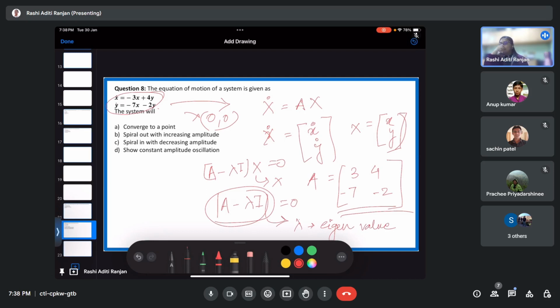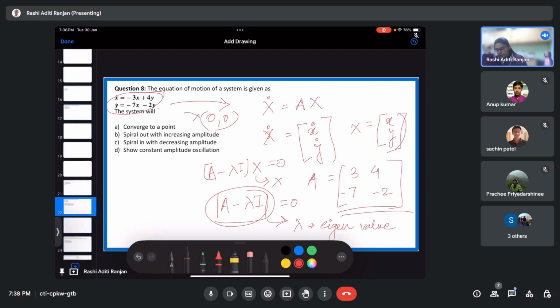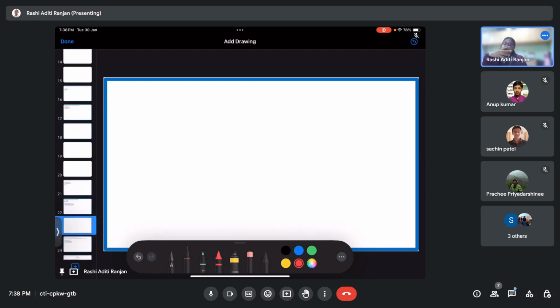Correct. Now the eigenvalues can either be positive, they can be negative, or they can occur as a complex conjugate. So what is going to happen if the eigenvalue is negative?